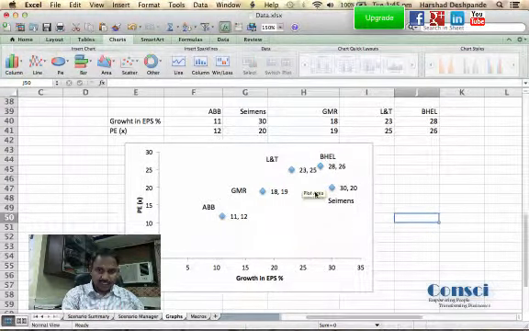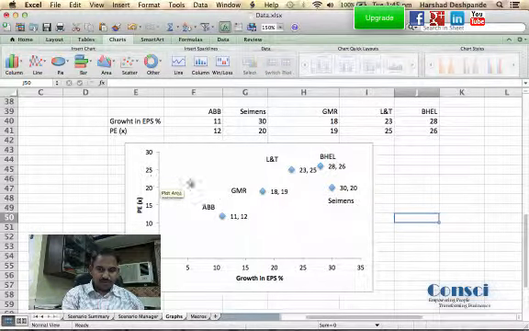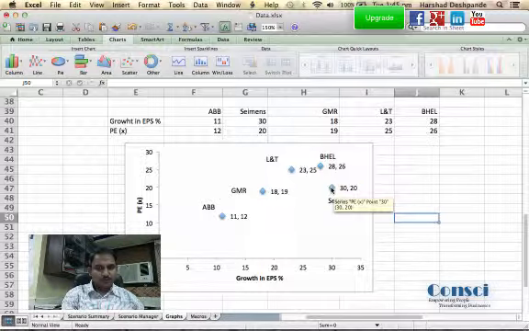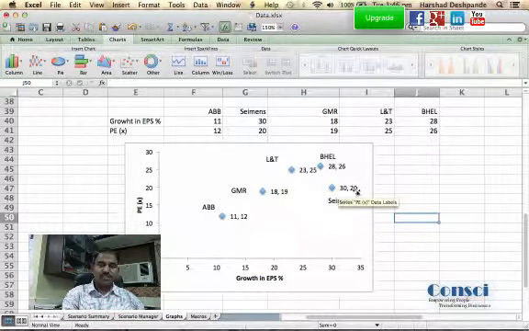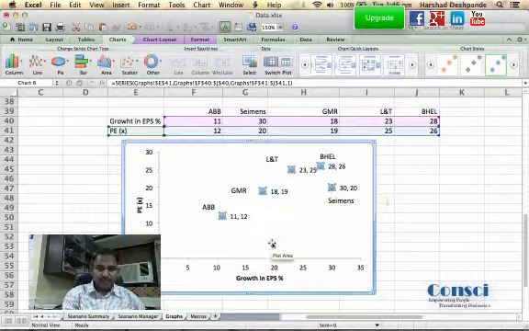Okay, and if you look at the chart from valuation perspective, you would see the growth in EPS for Siemens is highest, whereas P multiple is quite below L&T and Bhale. So probably if they are in the similar sector, probably there is a scope for its P multiple to get revived. And there will be a lot of other occasions where you want to combine two parameters and represent them as a single point, and that is where the scatter chart will be of great help.